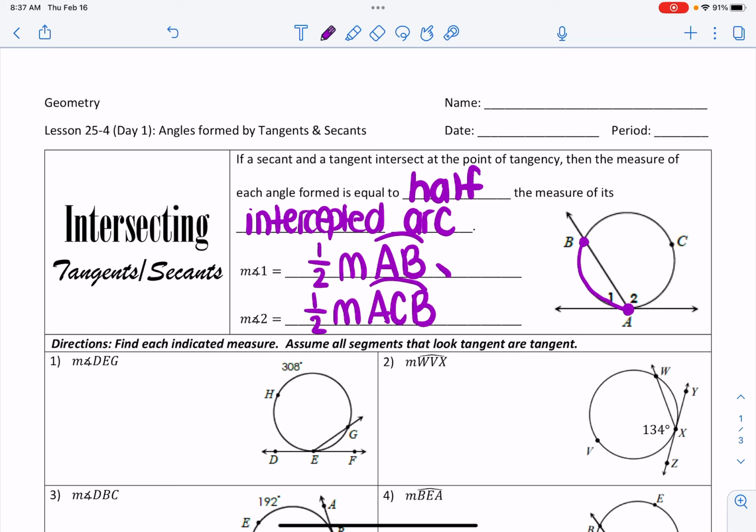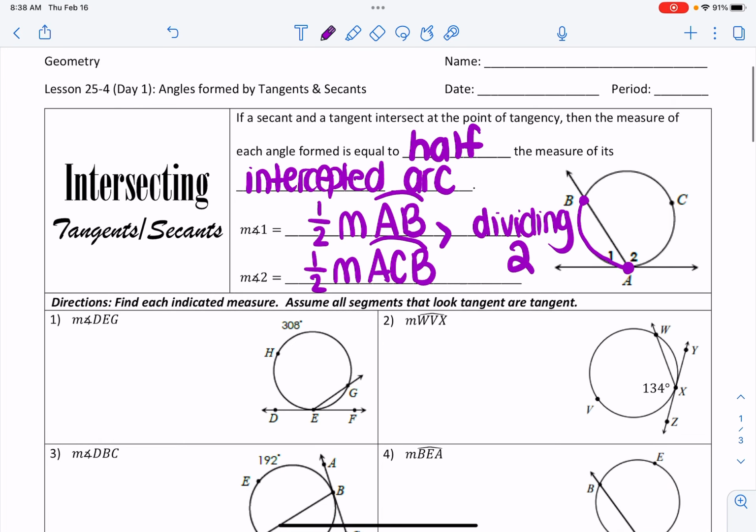Another way of thinking of this is by dividing by 2, or if we were trying to find the arc, by multiplying by 2. So we're going to be dividing and multiplying by 2. Alright, so let's get started on this.